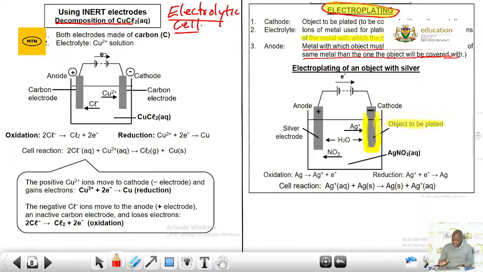So this is just a basic example. This is just a basic way of saying we also need to look into electroplating. And when you think of it, this is basically it with paper 2 of technical science.